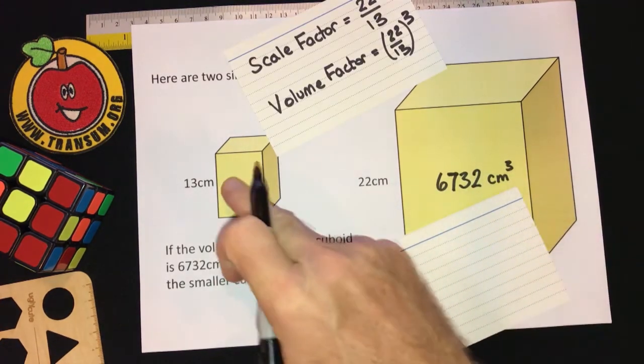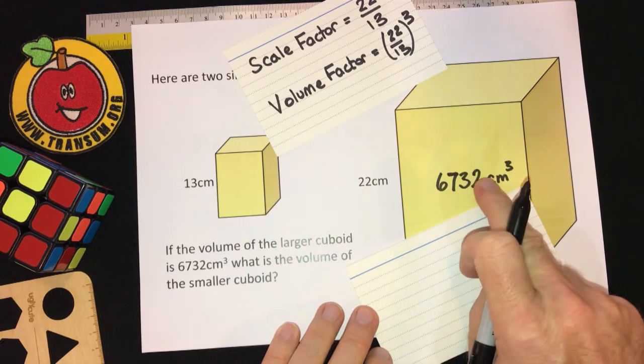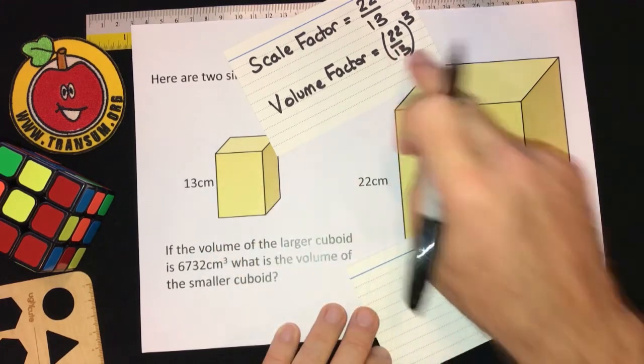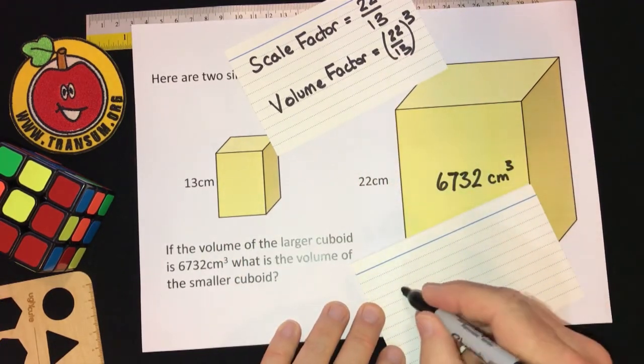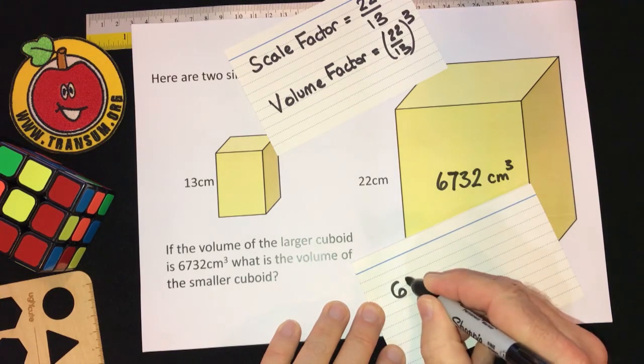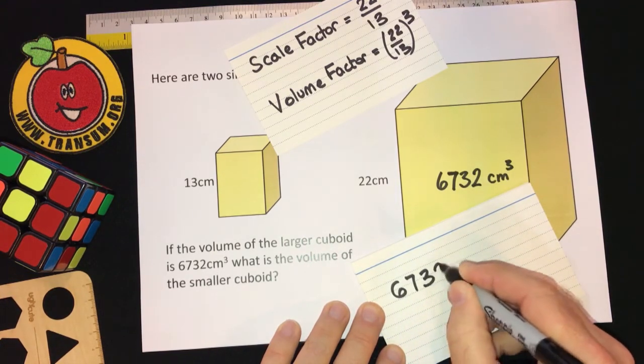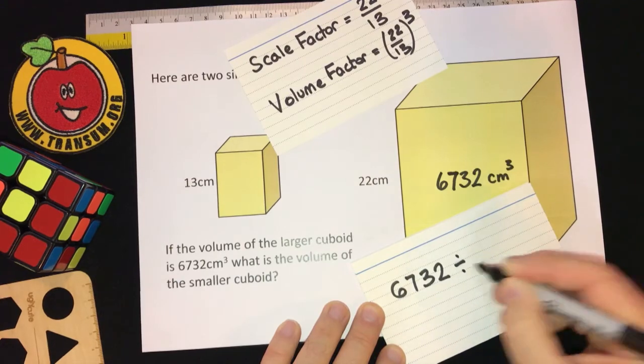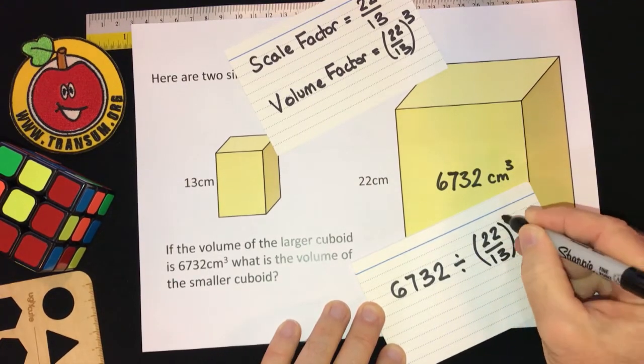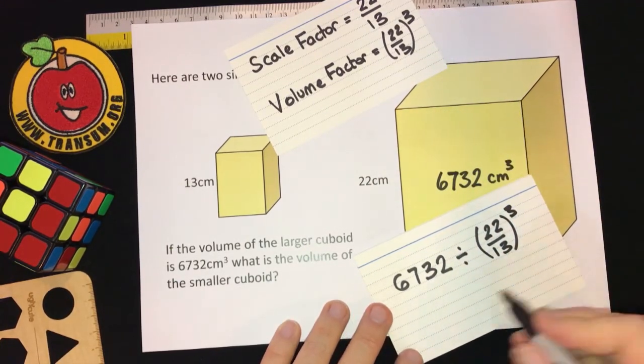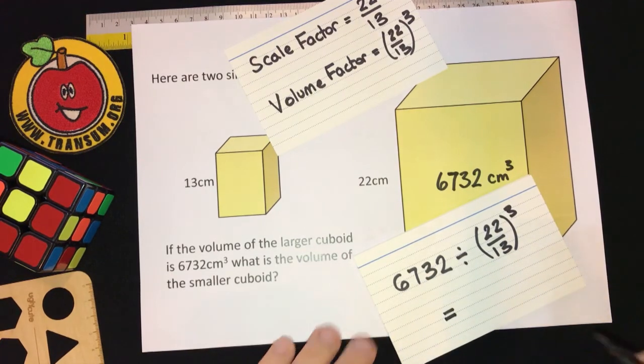So in order to find out this, we need to divide that by that volume factor. So the calculation I need to do is 6,732 divided by that volume factor, which I'll work out on the calculator.